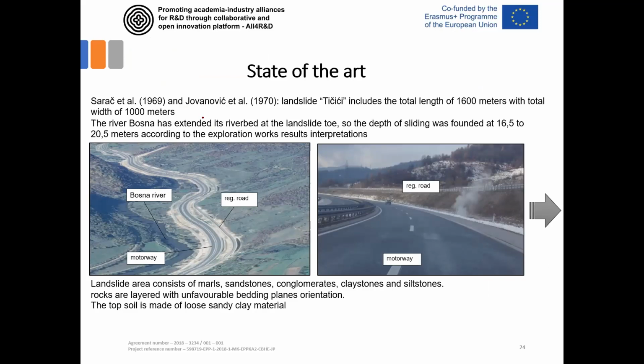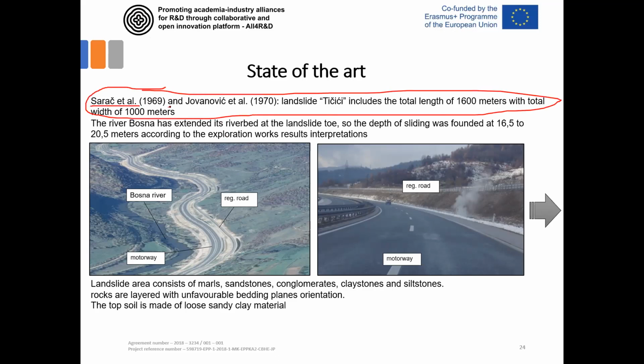What is important to note is that this location is not recognized as a problem for the first time. It's a known problem from 1960, 1970, where Professor Sarac Jovanovic performed plenty of investigation work to define the sliding mechanism of this area, since the regional road passed through a similar area as this newly constructed highway route that you can see here in the condition as it is today.